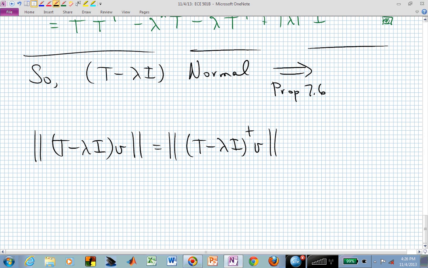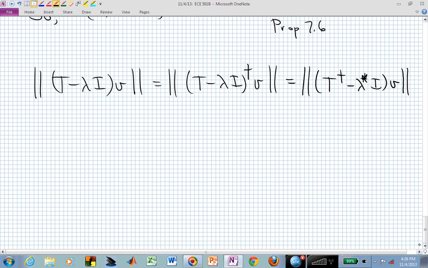Is that okay? But now we need to leave well enough alone. Now, as an operator, I have T dagger minus lambda star I times v. But what do I know about (T minus lambda I) v in terms of its norm?